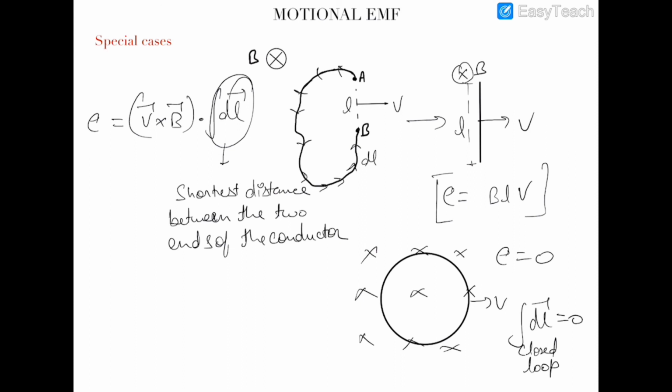Or you can also analyze this concept by some other method: if this coil is moving, then the number of field lines entering this coil from this point and the number of field lines leaving this coil from this point are the same. So the rate of change of flux will be 0, because the rate at which flux is entering the coil and the rate at which the flux is leaving the coil is the same. Therefore the net rate of change of flux will be 0, so there will be no induced EMF in the coil.